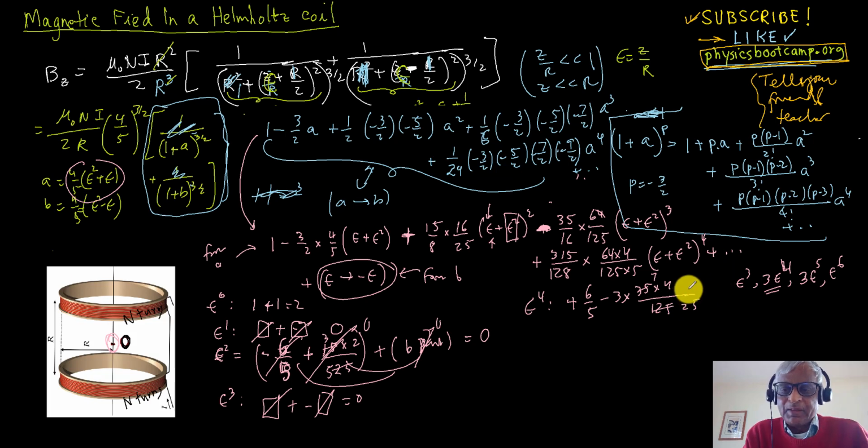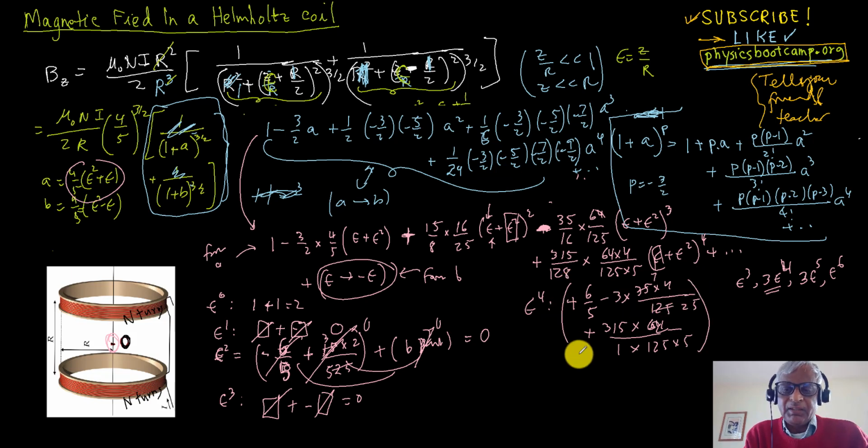And then the 4th power will come from here, and that will be this whole humongous thing, 315, 60, okay, that times 2, this becomes 1, 125 over 5.